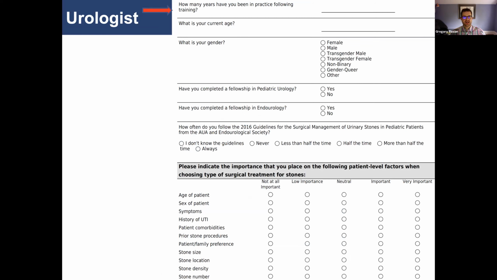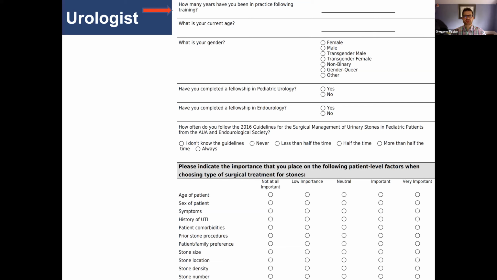And this assesses factors before the initiation of the study that provide some baseline information on each of the over 100 surgeons who are participating in PEDSnet. And this questionnaire assesses factors that we believe are going to be important for understanding the outcomes, as well as how to generalize these results.